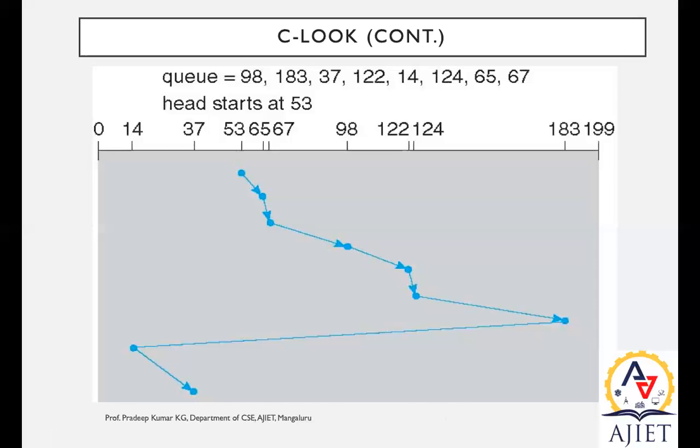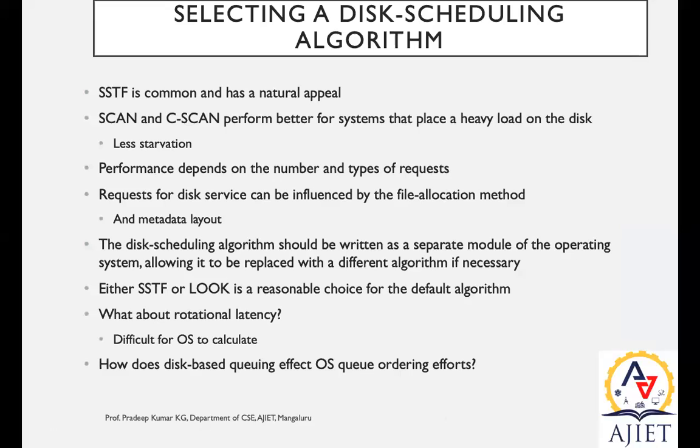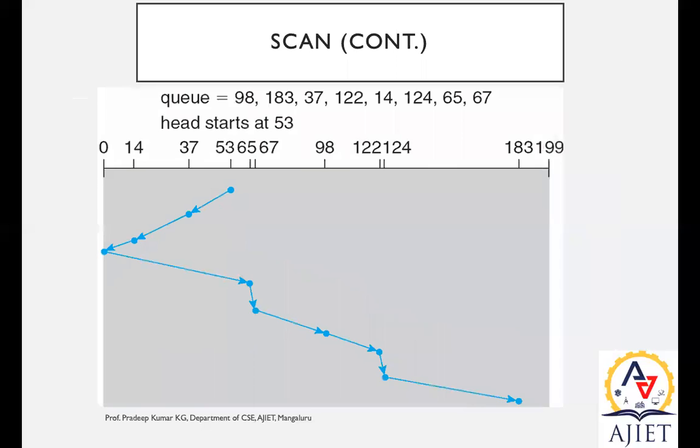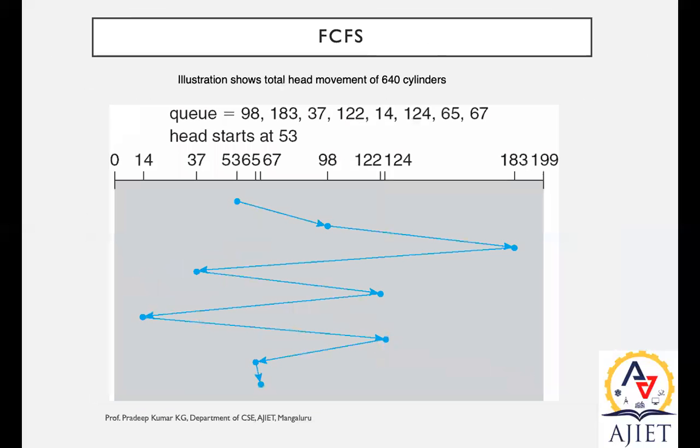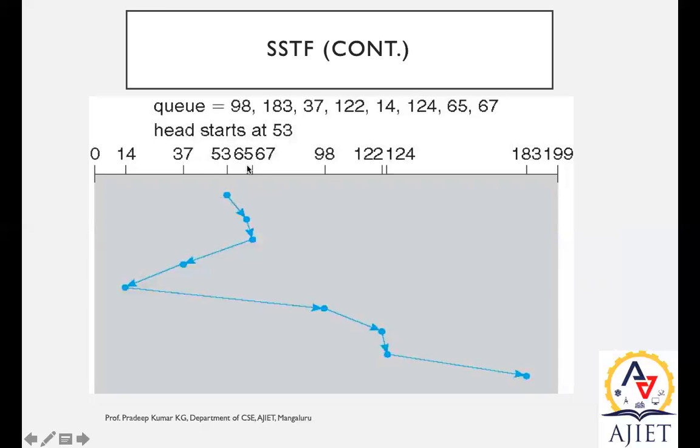So we have covered some of the algorithms. First come first serve is based on the entries in the queue; whichever comes first is served. SSTF serves whoever has the shortest seek time.